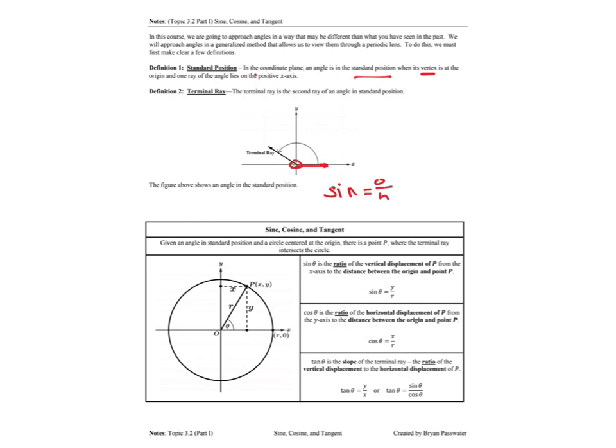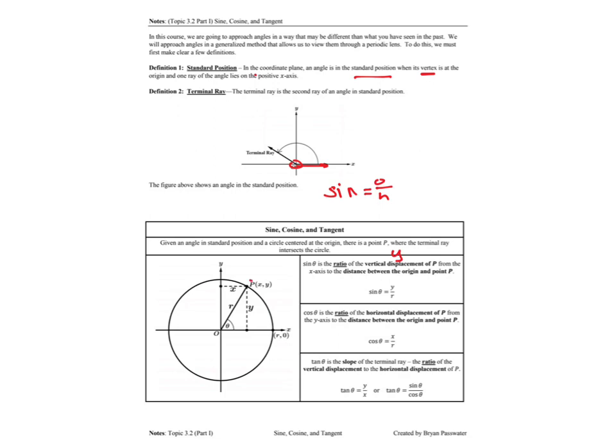That holds true here. But if I'm looking at this little circle down here in the bottom of your paper, the opposite side of the angle is going to be y. It's going to be my y value. Everybody seeing that? So the ratio is going to be y, the vertical displacement, from the x-axis to the distance between the origin and point P. Point P being anywhere.